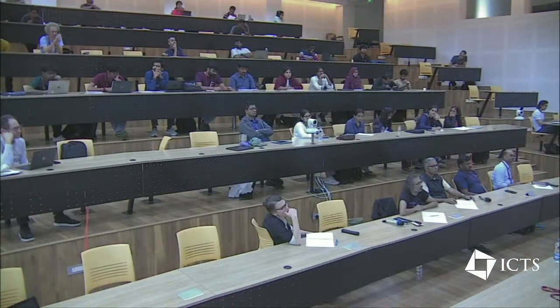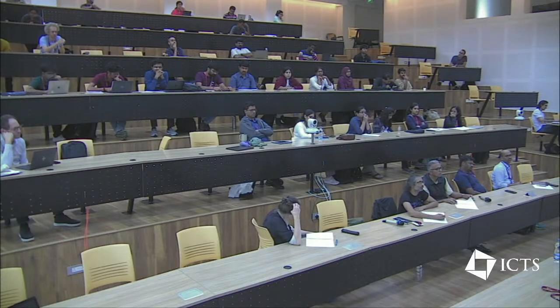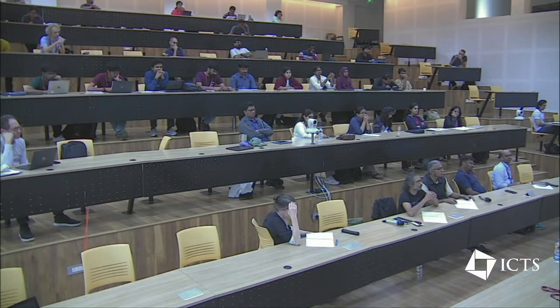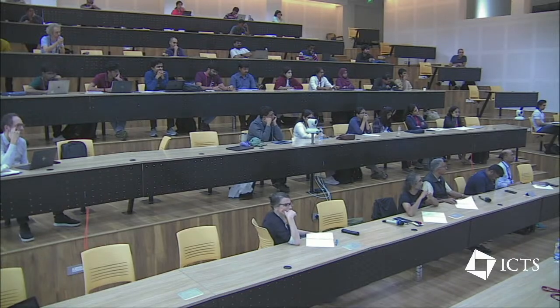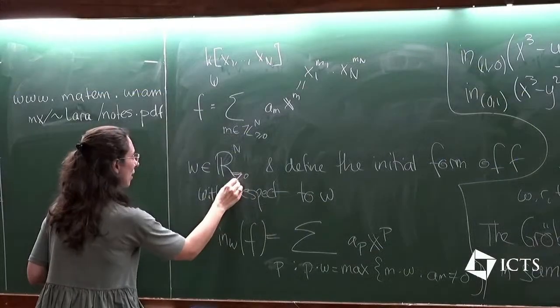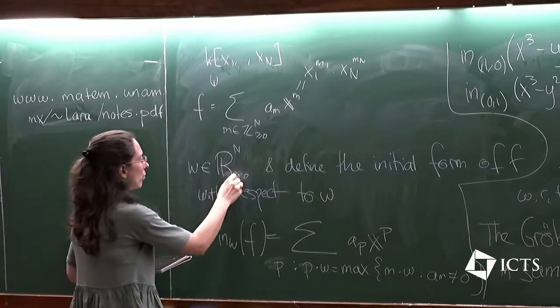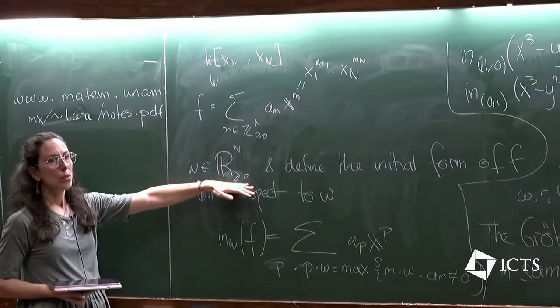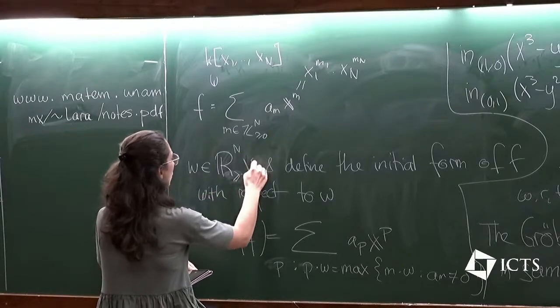Yes. Okay, sorry. Let me correct this. I consider in this case only weights that are in the positive orthant but not zero, so let's put here without the zero vector.